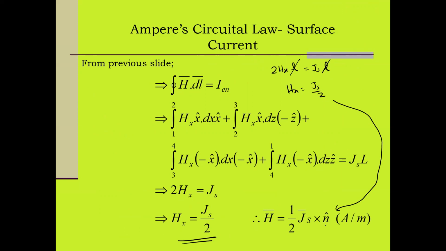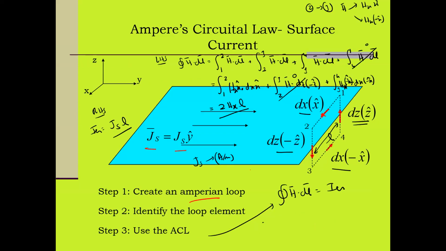The n unit vector is the normal unit vector related to your surface current, whereas Js here is your surface current density. So if we go back to this slide, let's say you want to find the H field intensity at the top surface and at the bottom surface of the surface current. From the previous equation we have the H vector equals half of the Js vector cross the normal unit vector.